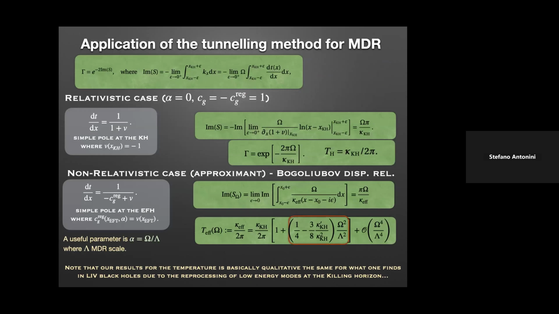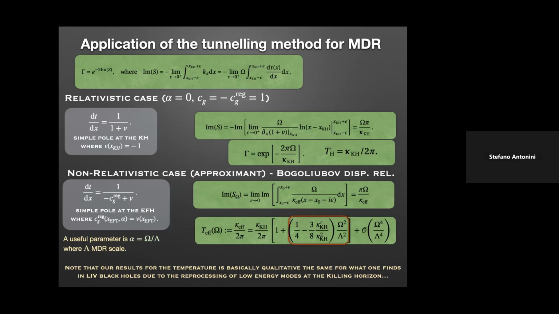The effective temperature that you get basically by the tunneling is the Killing temperature, the Hawking temperature. You see, there is a 1 here. Then there is a correction that is suppressed by omega Killing over the cutoff scale. Now, in Hawking radiation, omega Killing is at leading order of order kappa.